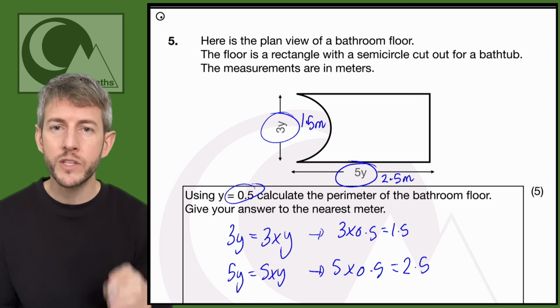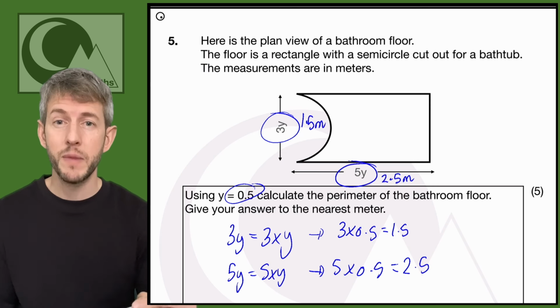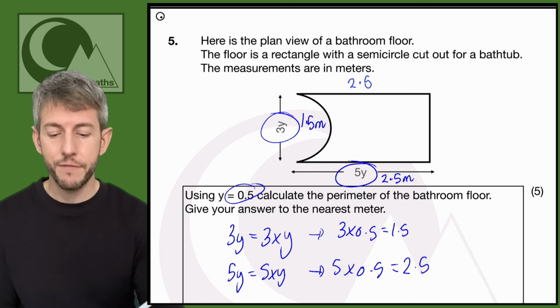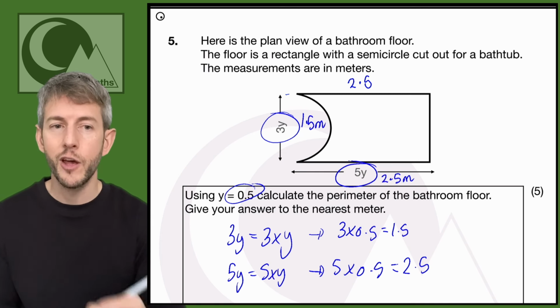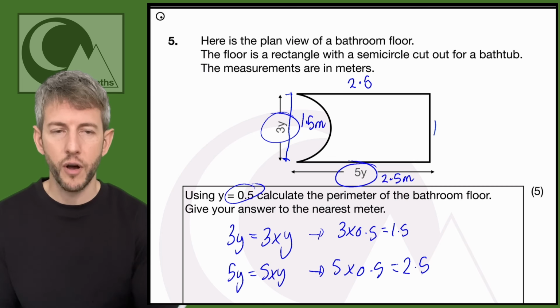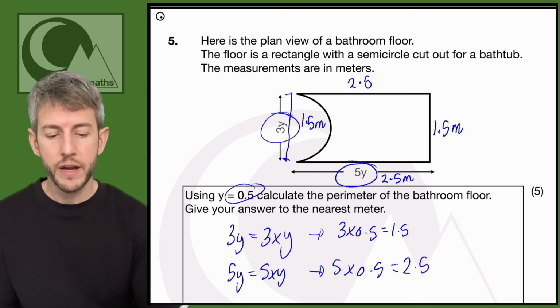So we do know with rectangles that opposite sides of the rectangle are the same length. So if this is 2.5, that means that this length is 2.5. And if this length here, from here to here, is 1.5, I know that this length here is 1.5 meters as well. So we've actually now got 3 of the sides done.